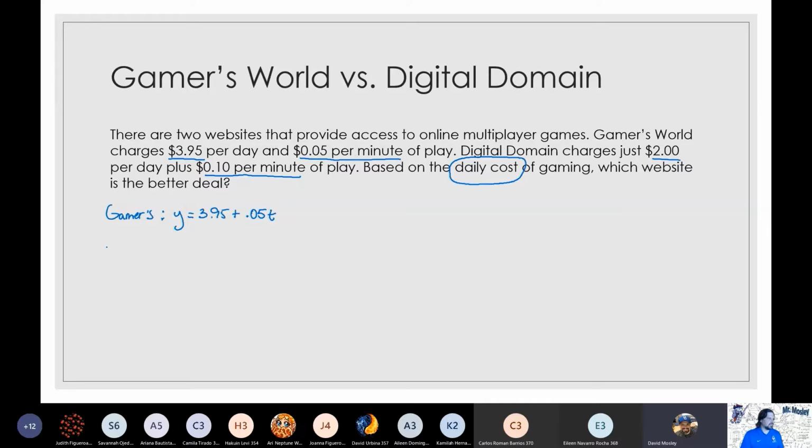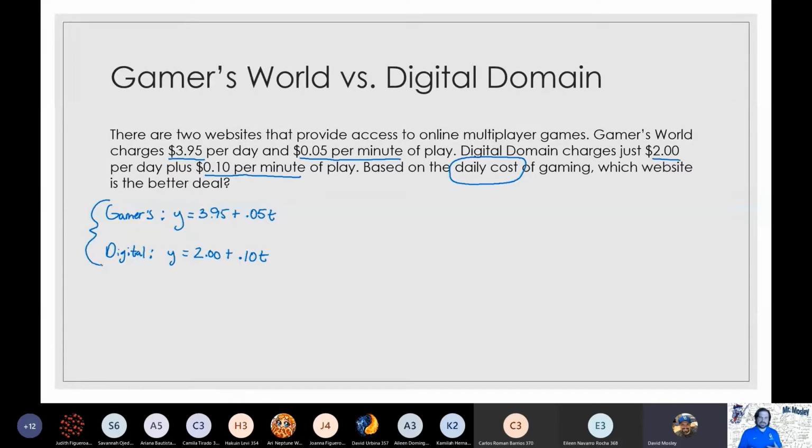And then we have digital domain. That will be y equals $2 per day plus 10 cents per minute. So here's our two equations. We could put our little brackets there, say, okay, this is our system.